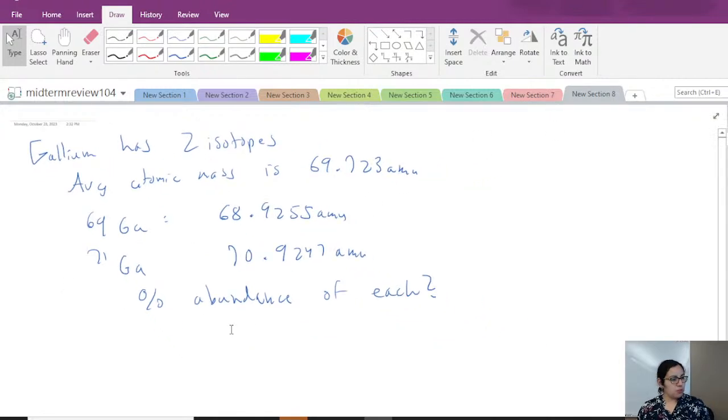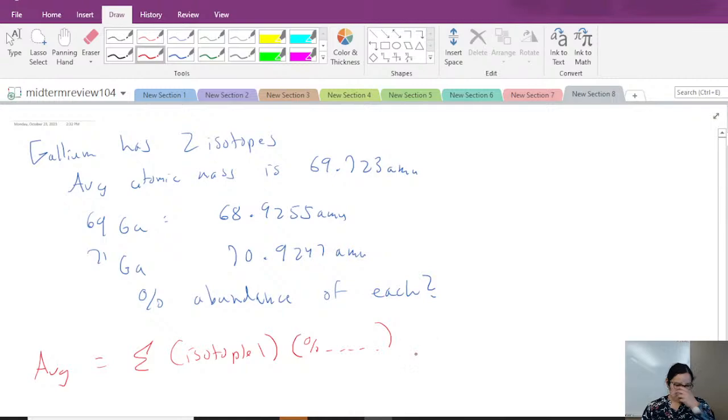So I'll give out the trick if you're struggling. If you recall from our notes, the average is equal to the sum of the isotope mass times the percent abundance as a decimal, and then we add all those up.